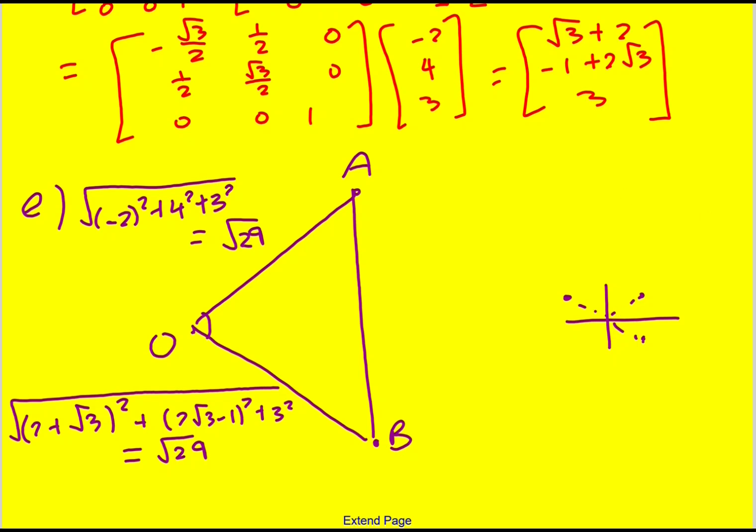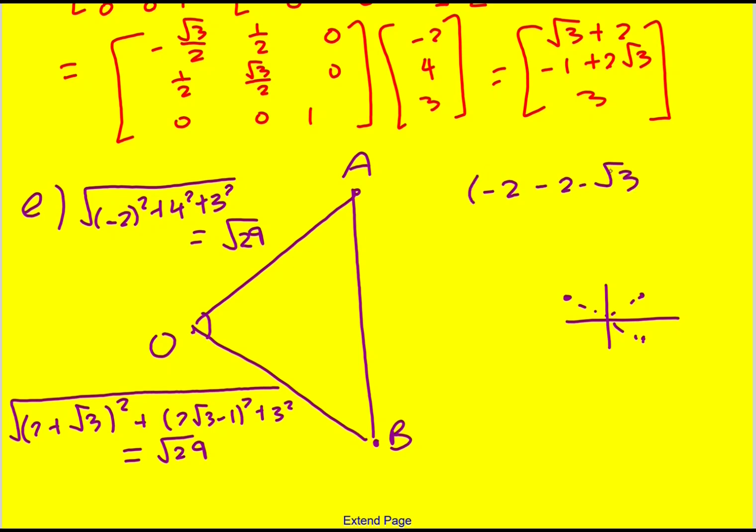And then we can also work out AB. I can find the distance between 2 points, so I'll go with minus 2 minus (2 plus root 3).